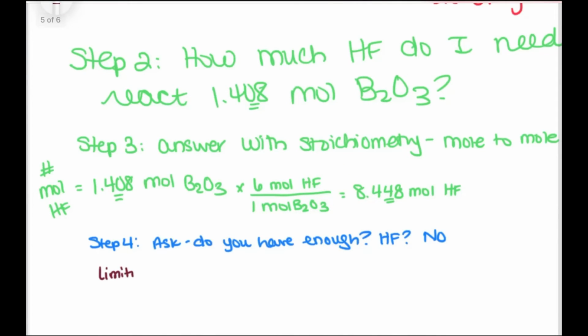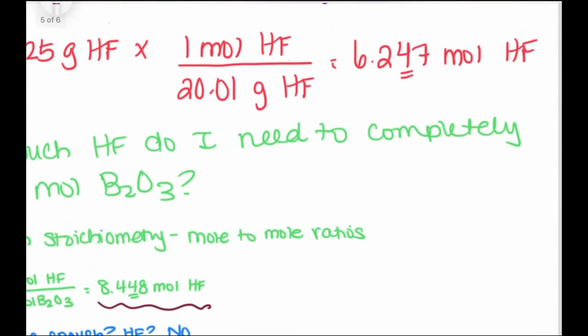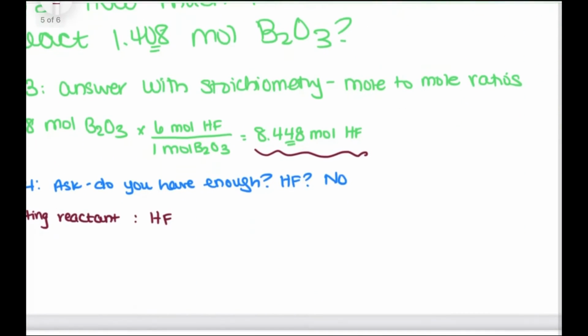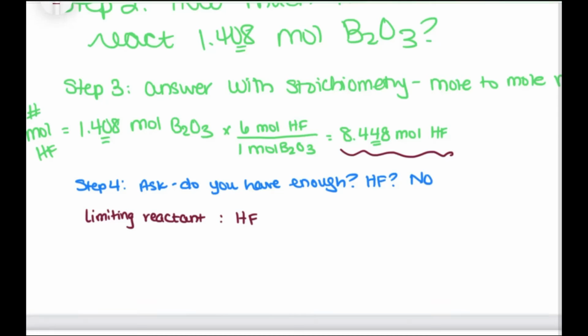So the limiting reactant here will be HF. How do I know that? Because to react all of the B2O3 I have, I would need 8.448 moles of HF, when in fact I only have 6.247 moles of HF present. So the limiting reactant will be HF, and your excess reactant will be B2O3.